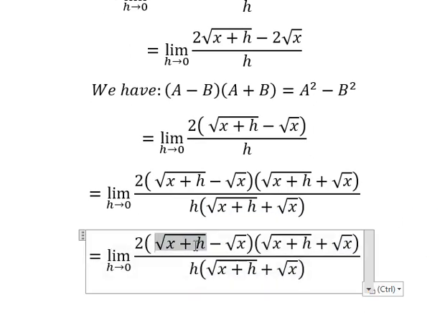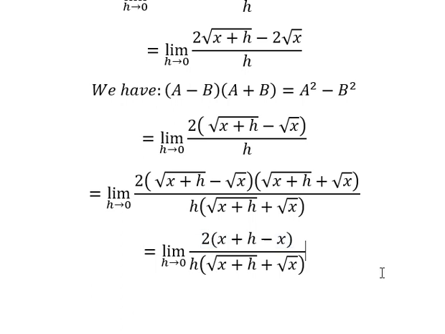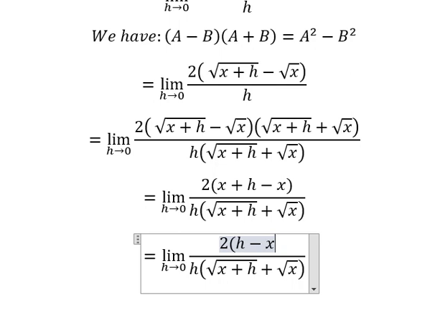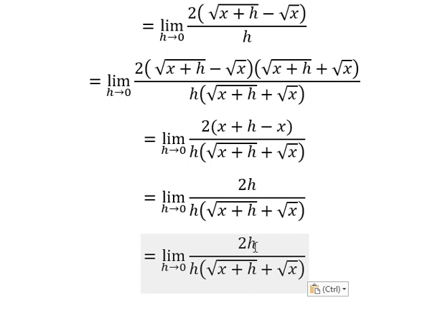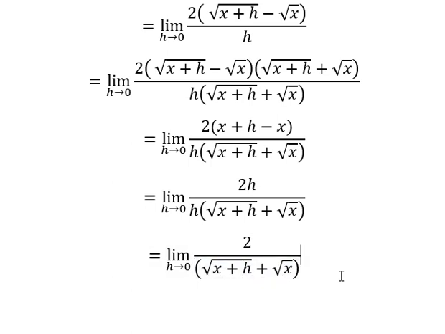So now, this one, we have like this. And now, s minus s, we cancel. Next, h and h, we simplify. And now we put h approaching 0 going here.